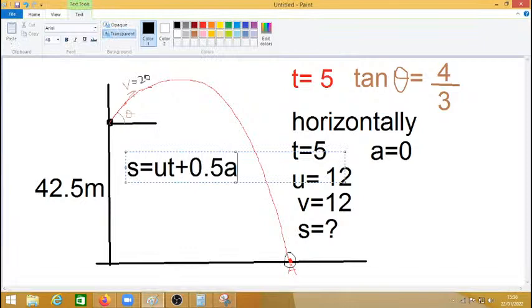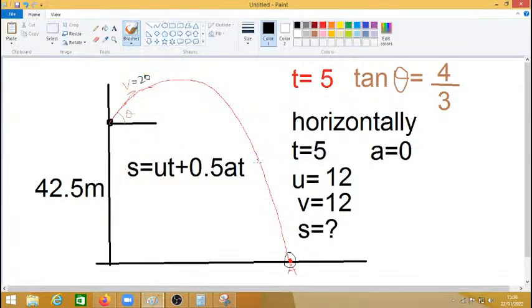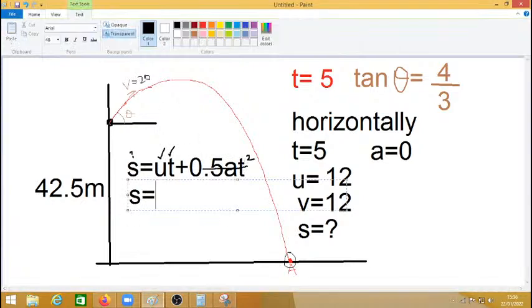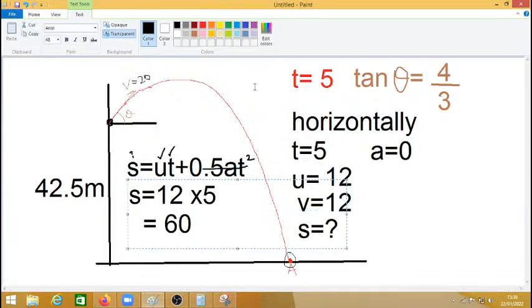So ut plus half at squared. Do we know s? No. Do we know what u is? It's 12. Time is 5. Acceleration is 0, so that whole thing will cancel out. So let's put that in. s is equal to 12 times 5, which is equal to 60.